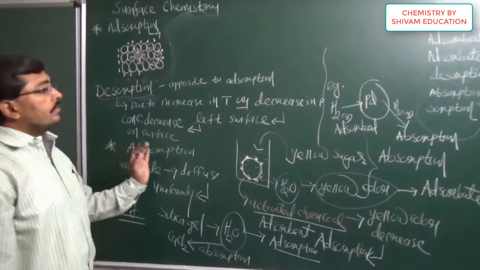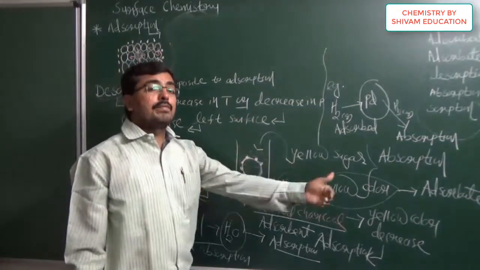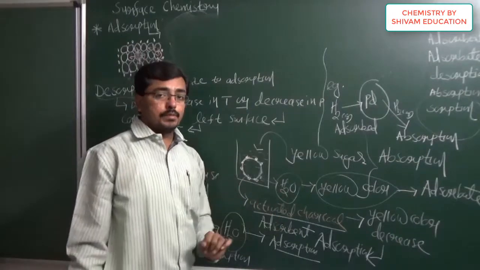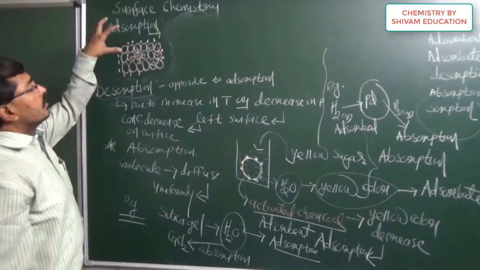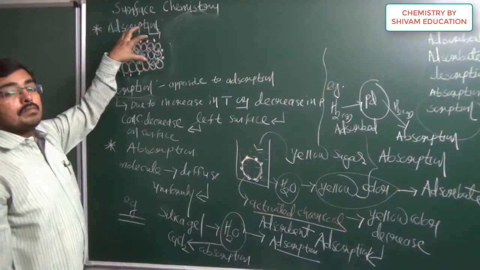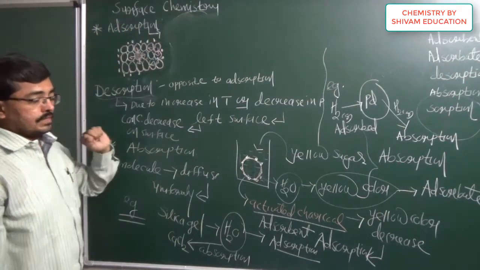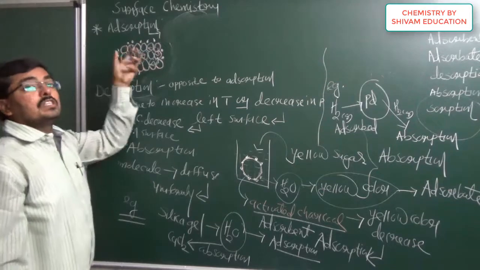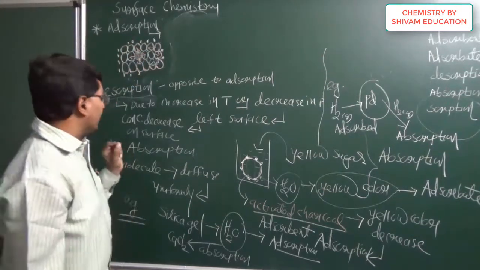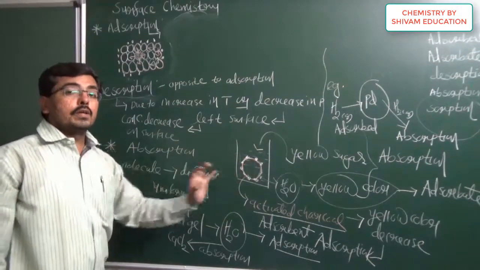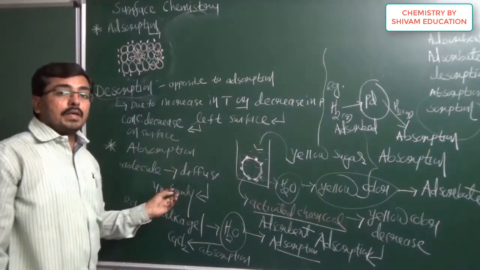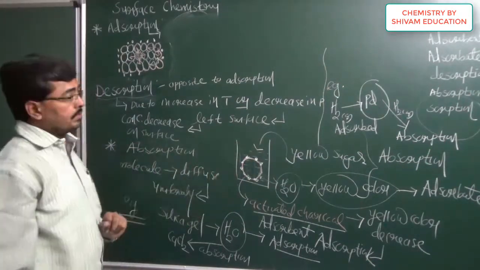So there are a lot of differences, or we can derive three differences between adsorption and absorption. In the phenomenon of adsorption, the concentration of molecules will be maximum only on the surface. So it is one type of heterogeneous phenomenon. In case of absorption, molecules diffuse thoroughly, uniformly. So it is one type of homogeneous phenomenon.